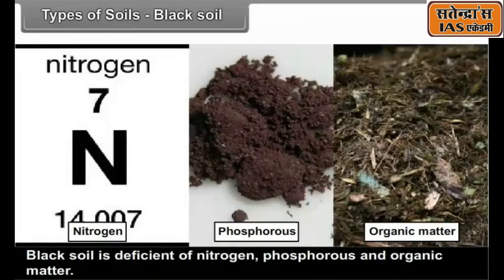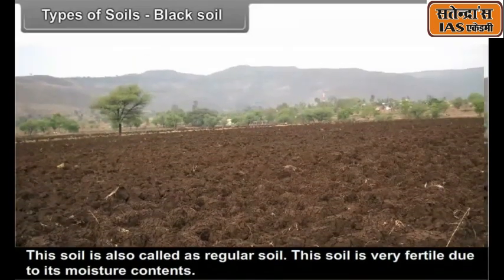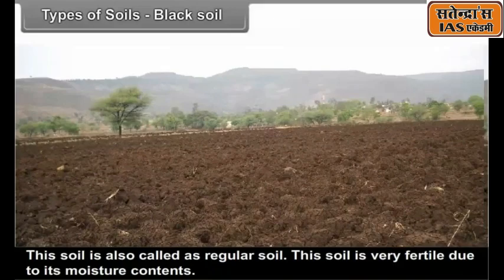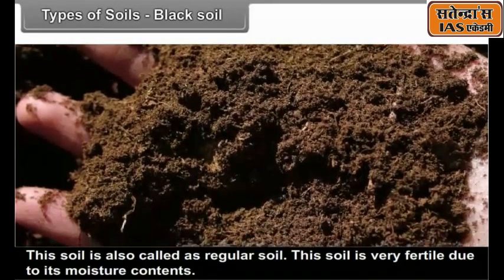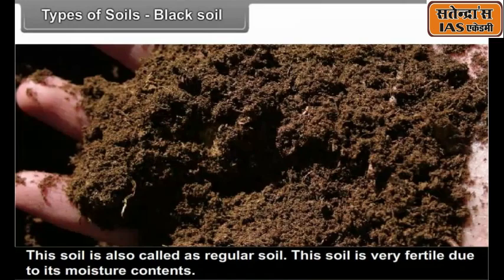Black soil is deficient of nitrogen, phosphorus, and organic matter. This soil is also called regur soil. This soil is very fertile due to its moisture contents.